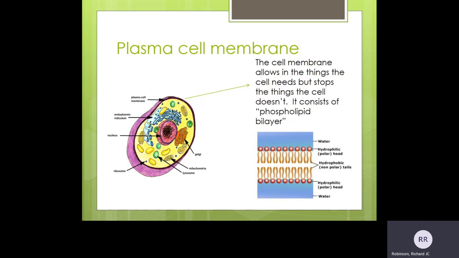It does this using what's called a phospholipid bilayer. You're not going to need to know much about this, but if you study biology next year, they're going to tell you about how it actually works. So basically, it's like a gate or a fence around your particular cell. It basically sits there and stops things that you don't want from coming in, and allows things that you want out.